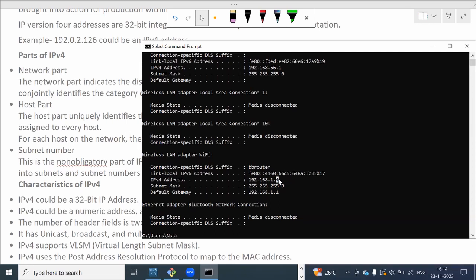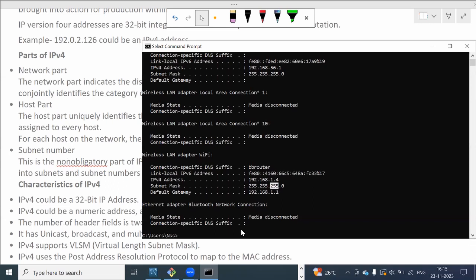What is a subnet? For example, you have a very huge network. Remember, in IPv4 you can only have up to 255 in each part. Here there can be 255.255.255.255. That is the maximum you can go. So assume you have more than 255 devices.